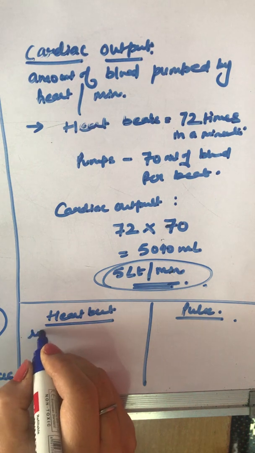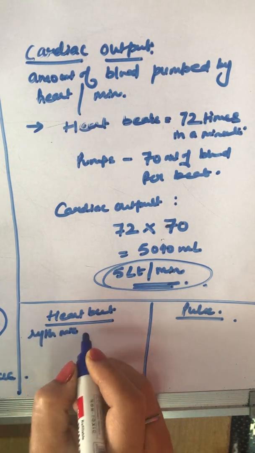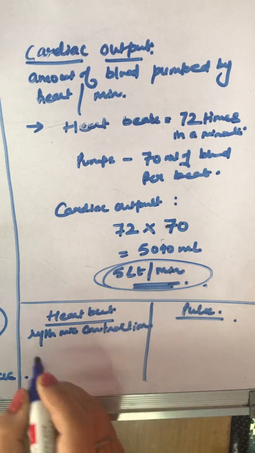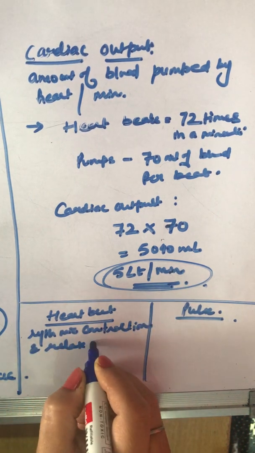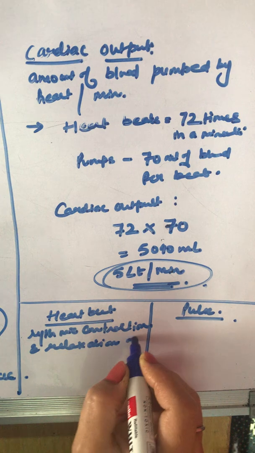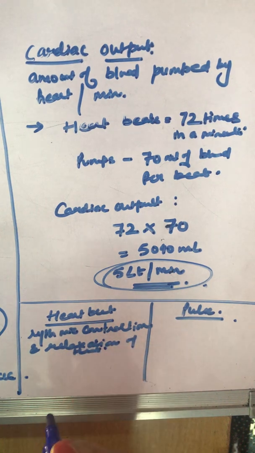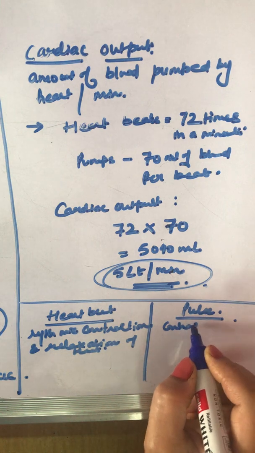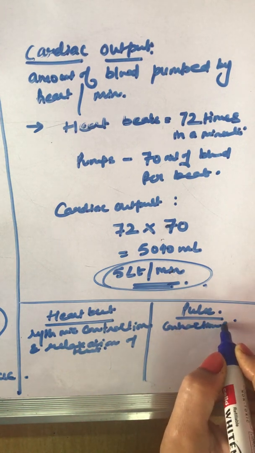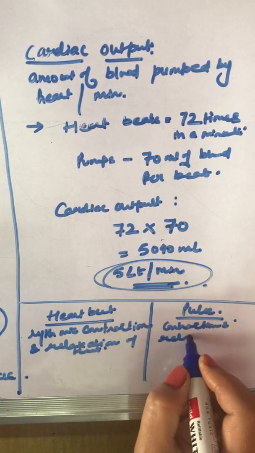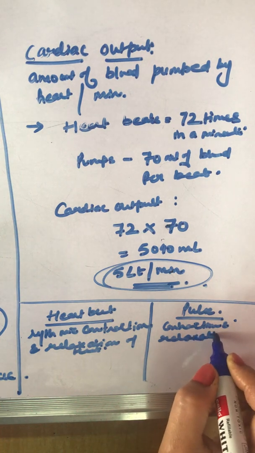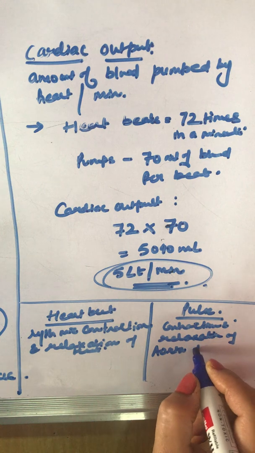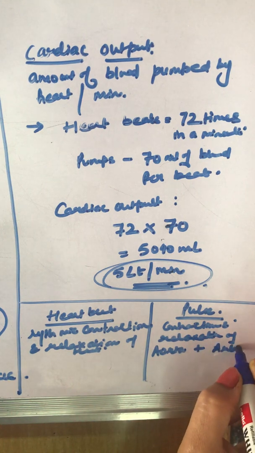Heartbeat is the rhythmic contraction and relaxation of the heart. Pulse is the rhythmic contraction and relaxation of the aorta along with its main arteries.